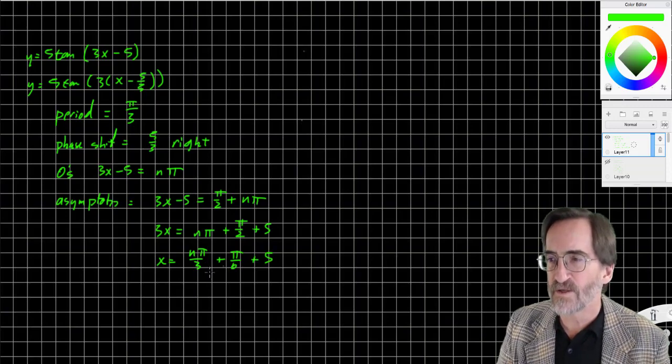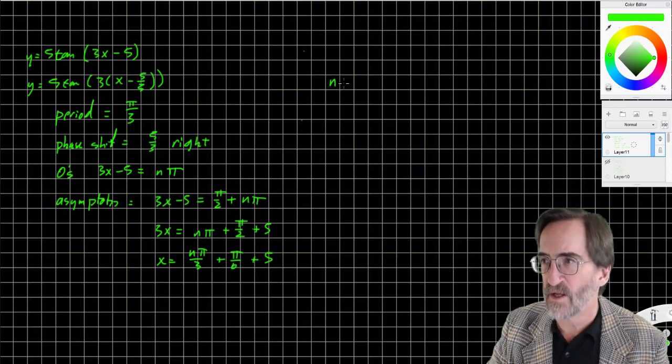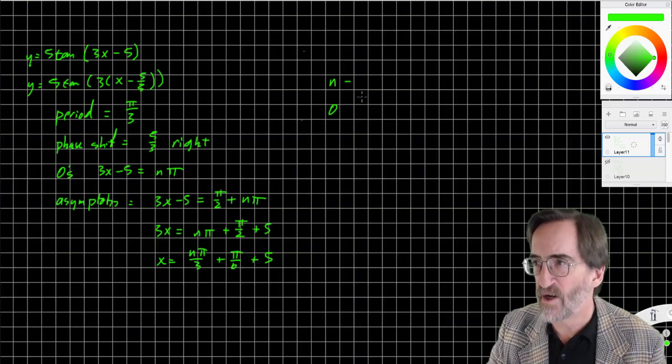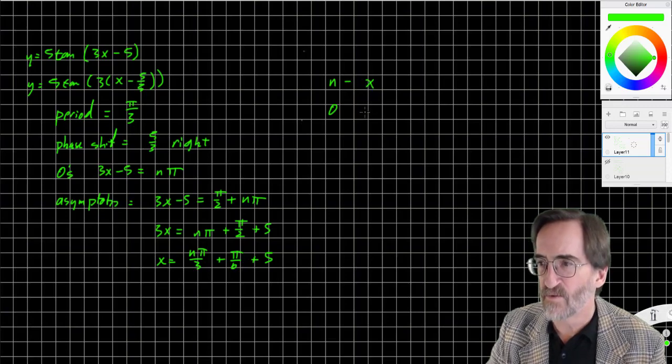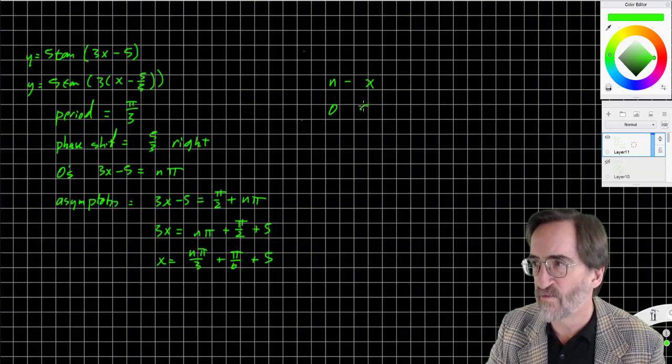And so we're going to just let n be some things. Let n equal 0. Then this becomes 0 plus pi over 6 plus 5. So the first one occurs at x equals 5 plus pi over 6.